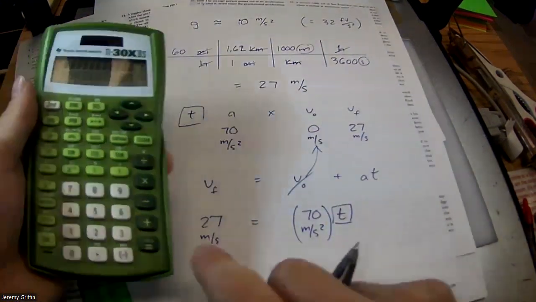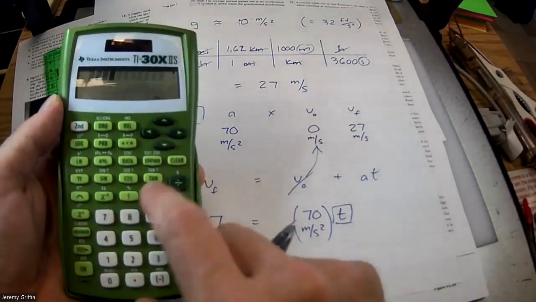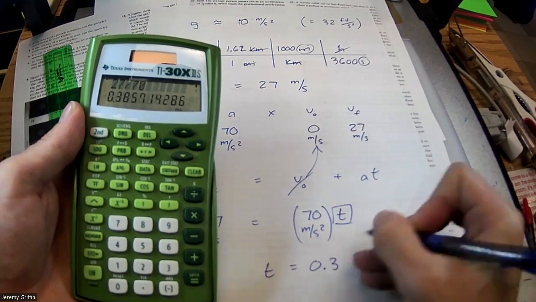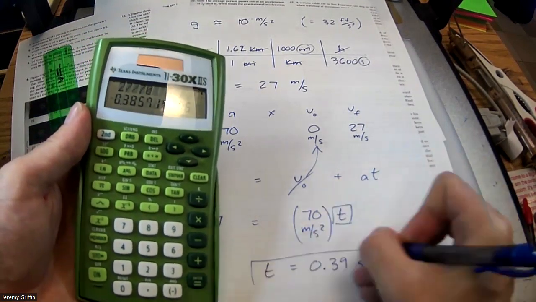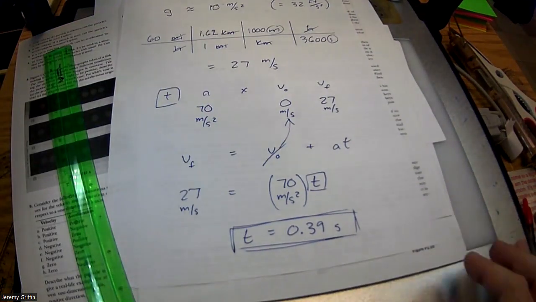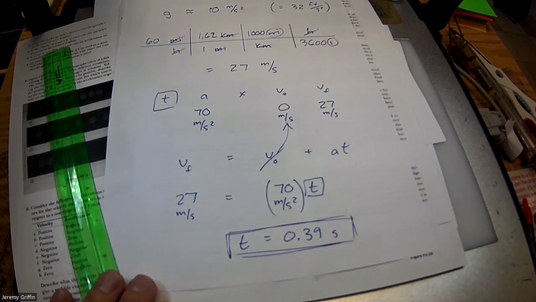Divide that down, 1 algebra step. What is 27 over 70? About 0.3 something seconds, less than half a second. So if you had a car that went 0 to 60 in less than half a second, and you got in that car and rocketed forward, you would be right on the verge of passing out.